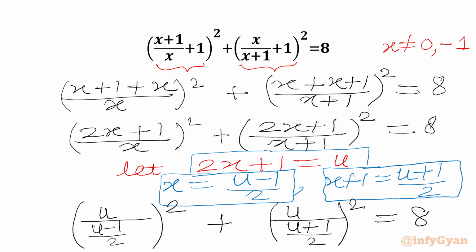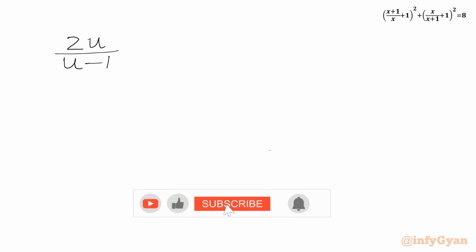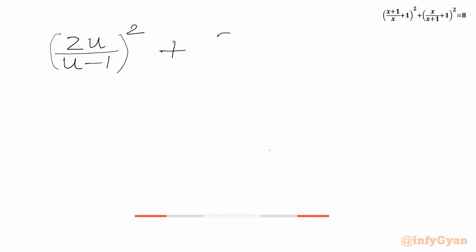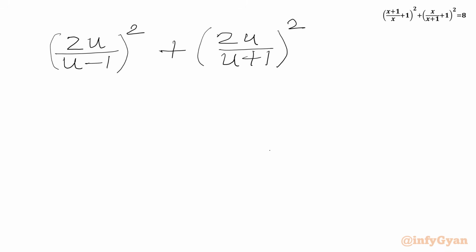Now denominator's denominator is numerator. We can write our equation 2u over (u minus 1) whole square plus 2u over (u plus 1) whole square equal to 8.